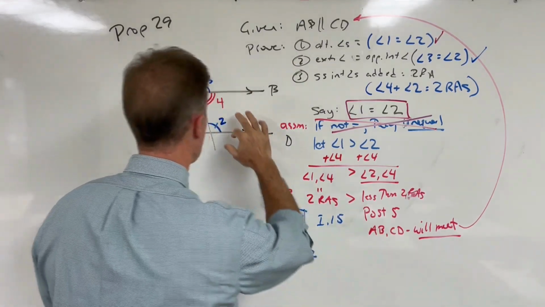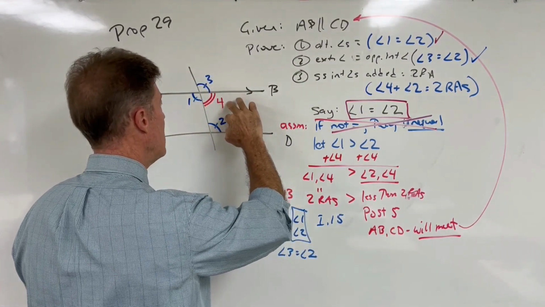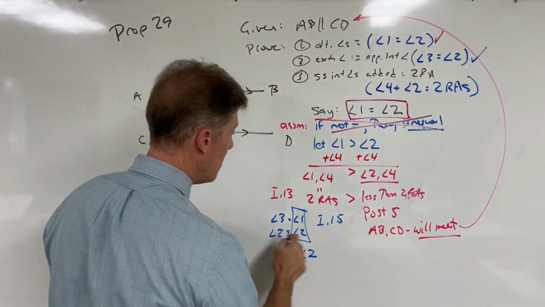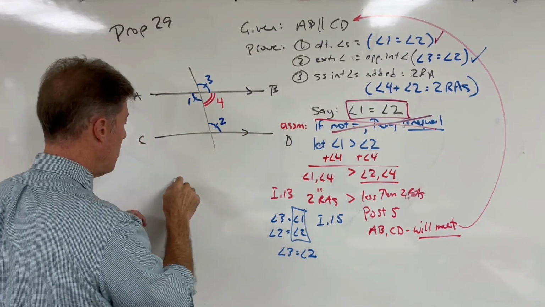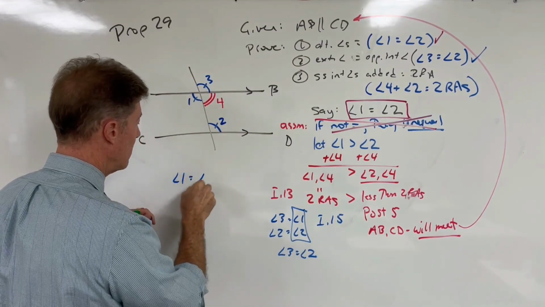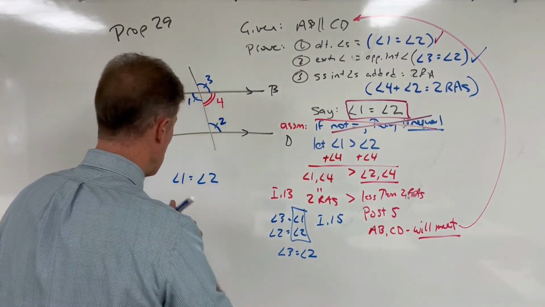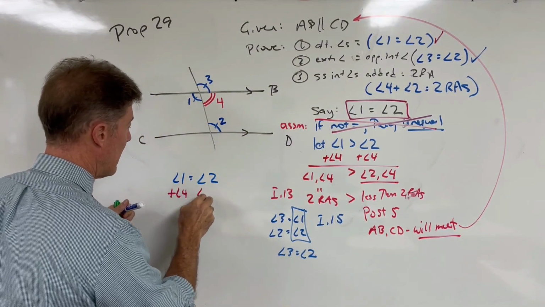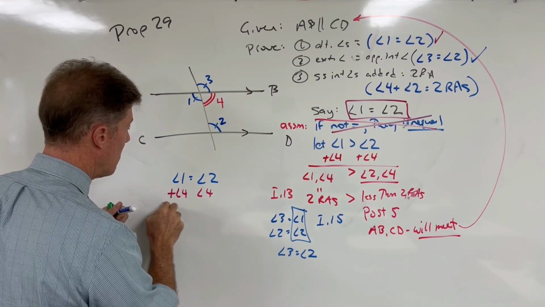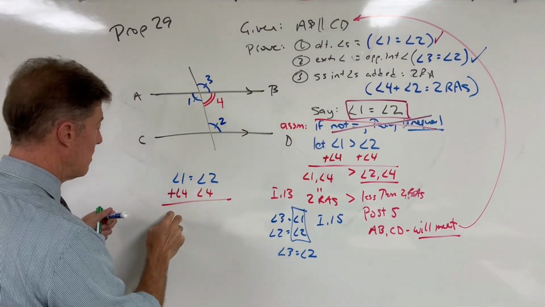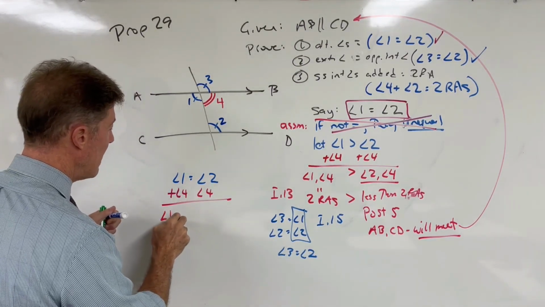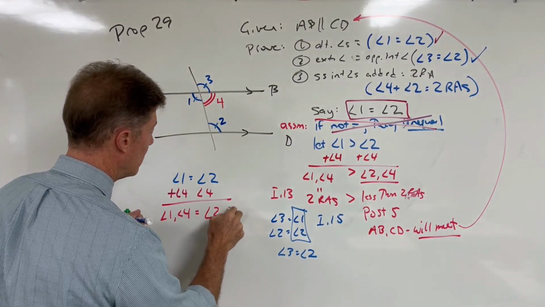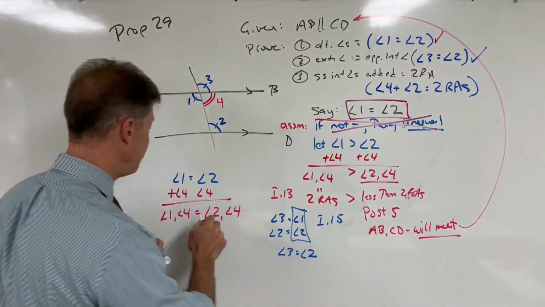Finally, the third thing we want to prove is that the combination of these two has to be equal to two right angles. So again, we already know that angle 1 is equal to angle 2. And so, as before, we're going to add angle 4 to both sides. That's going to preserve our equality. Equals added to equals are equals. So the combination of angle 1 and angle 4 is equal to the combination of angle 2 and angle 4.